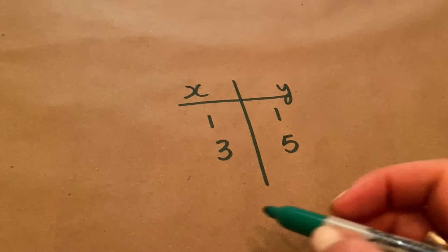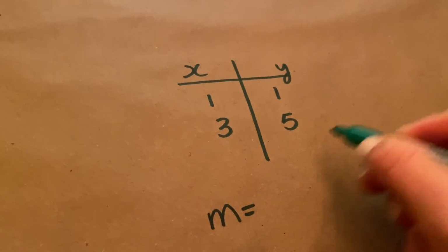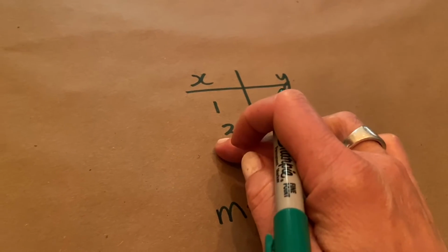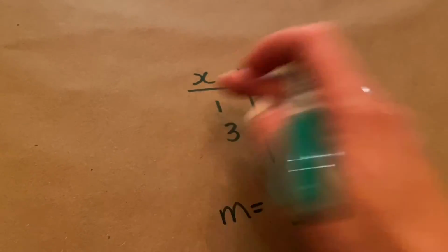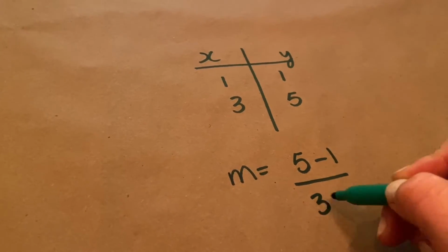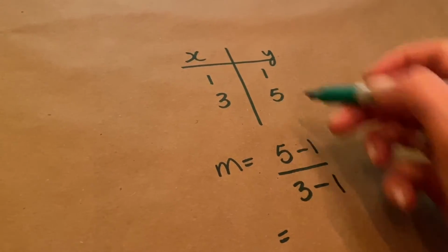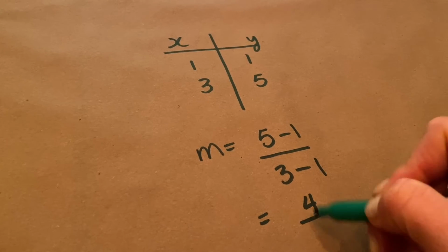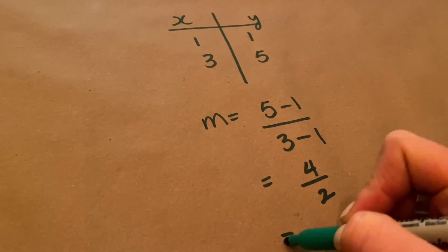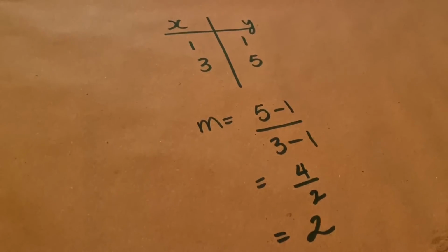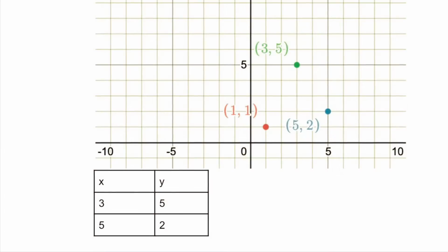We divide those two differences, so we get 5 minus 1 is 4, 3 minus 1 is 2, so the second slope is 2.